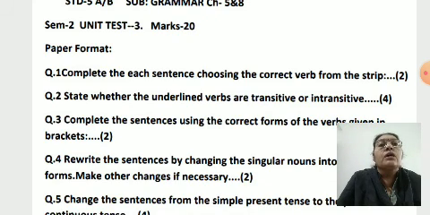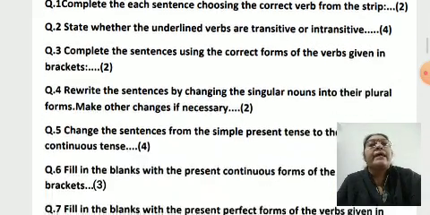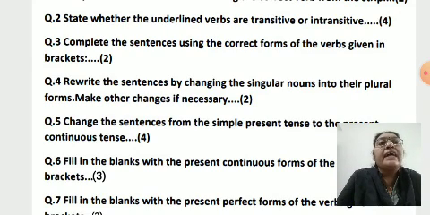Next question: complete the sentences using the correct forms of the verbs given in brackets. Rewrite these sentences. You have to write this sentence again in the correct way. Rewrite the sentences by changing the singular nouns into their plural forms. Make other changes if necessary.